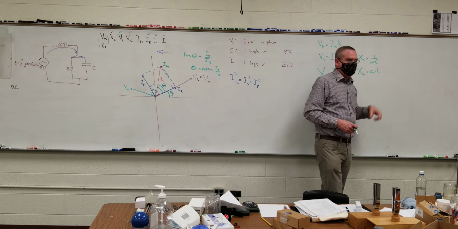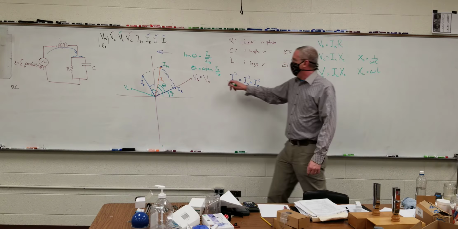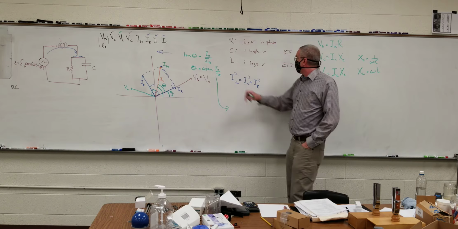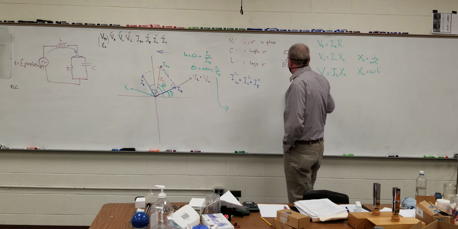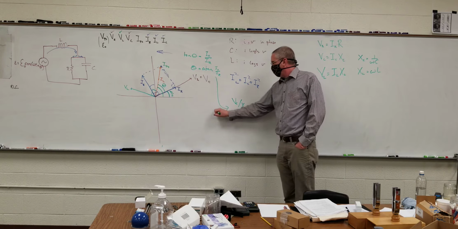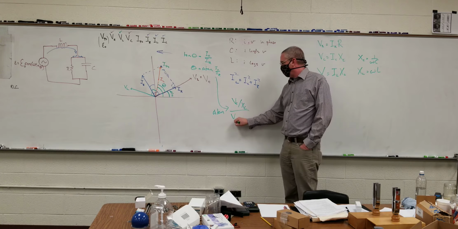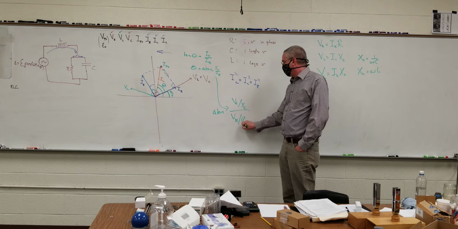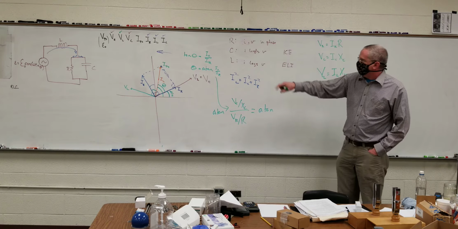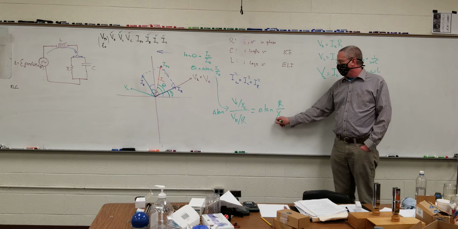C and L are given, so you can find X sub C and X sub L. So back over here, since I sub C is V over X, that's V sub C over X sub C, divided by, again, this is the arctan, I sub R, which is V sub R over R. And since VC and VR are equal, those will cancel out, and I'm left with the arctan of R over XC.